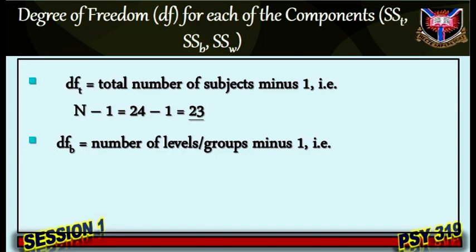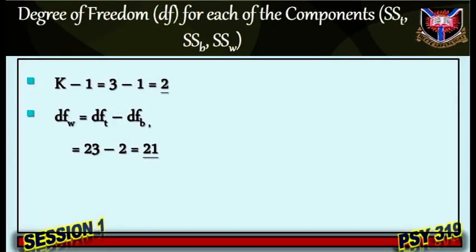DFB is equal to number of levels or groups minus 1, that is, k minus 1 is equal to 3 minus 1 is equal to 2. DFW is equal to DFT minus DFB is equal to 23 minus 2 is equal to 21.